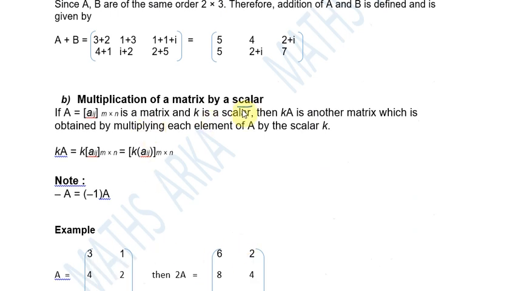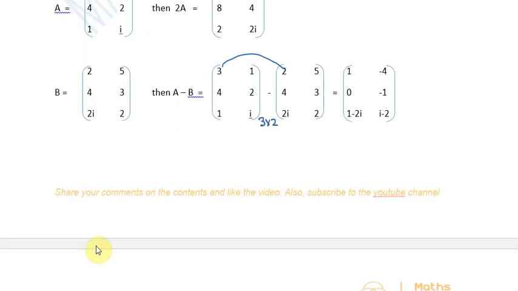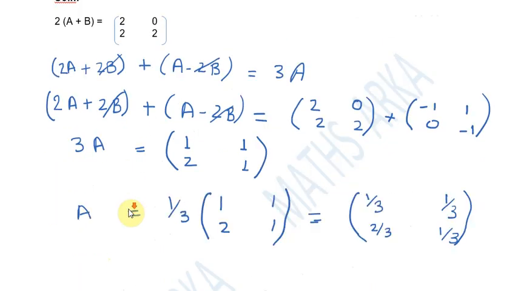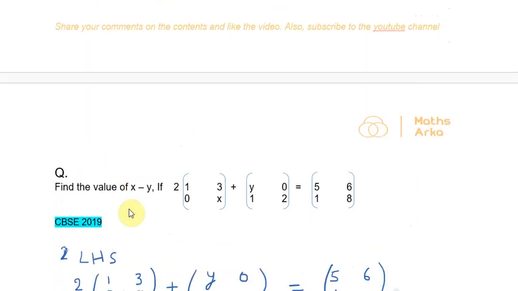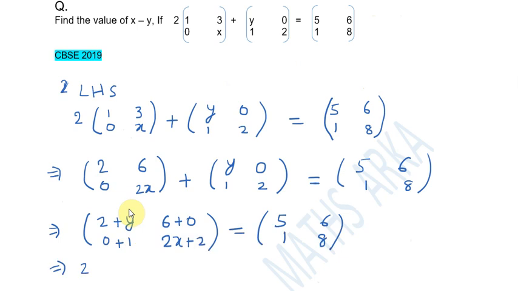Multiplication of a matrix by a scalar: if we need to multiply a matrix by a scalar 2, then each of the elements would be multiplied with that scalar. Thereafter we solved a few problems from previous years' CBSE board.